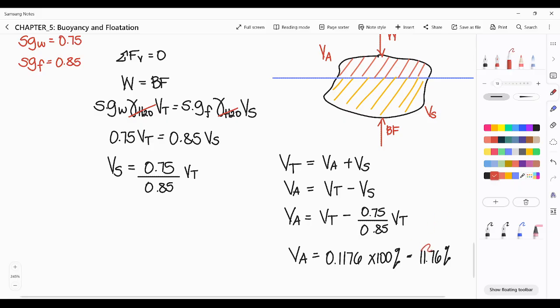So, yung nakalutang daw, yung nakaproject sa above the liquid surface natin, is 11.76% ng total volume. Okay na tayo dyan.